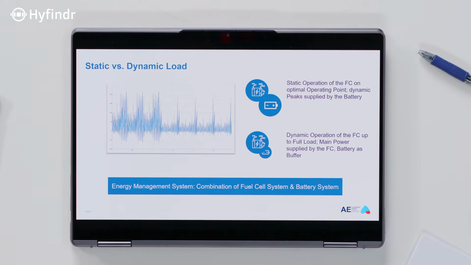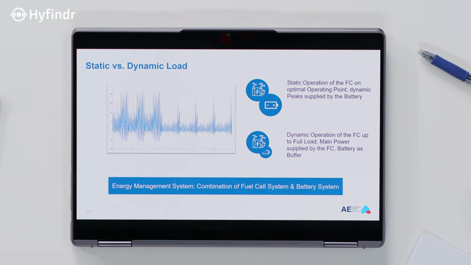That means you run the fuel cell more in a kind of static operating mode, and the dynamic things like these peaks are supplied by the high voltage battery. You can do it like this. The benefit of this is you can run the fuel cell system at a very efficient point.